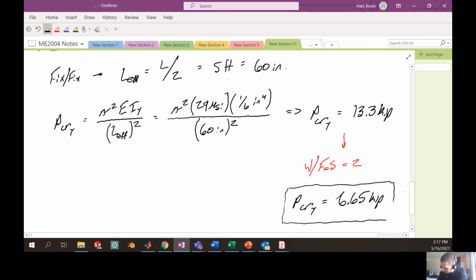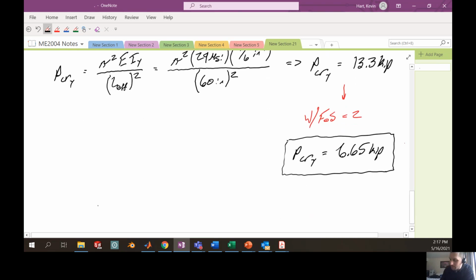I like this particular problem because you really have to consider different buckling orientations, different boundary conditions, understanding how the effective length plays into this, and understanding how the area moment of inertia in the various directions alters the calculation, and away you go.